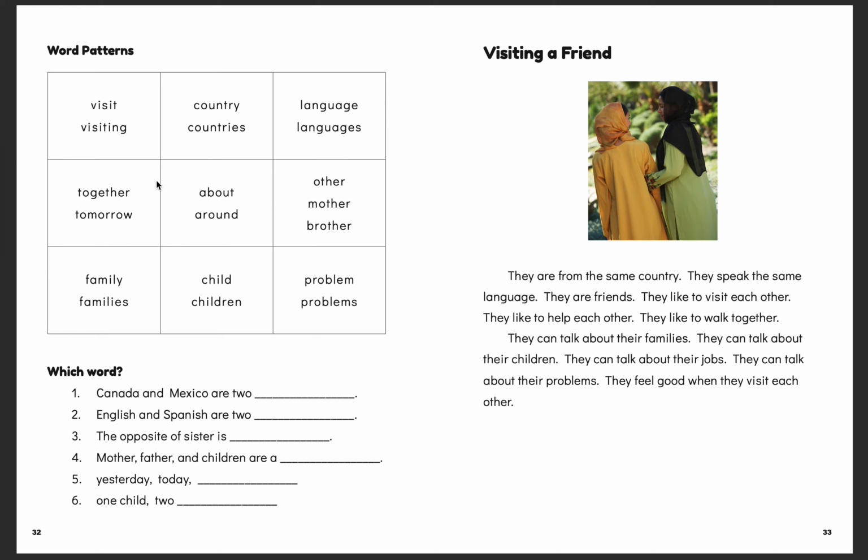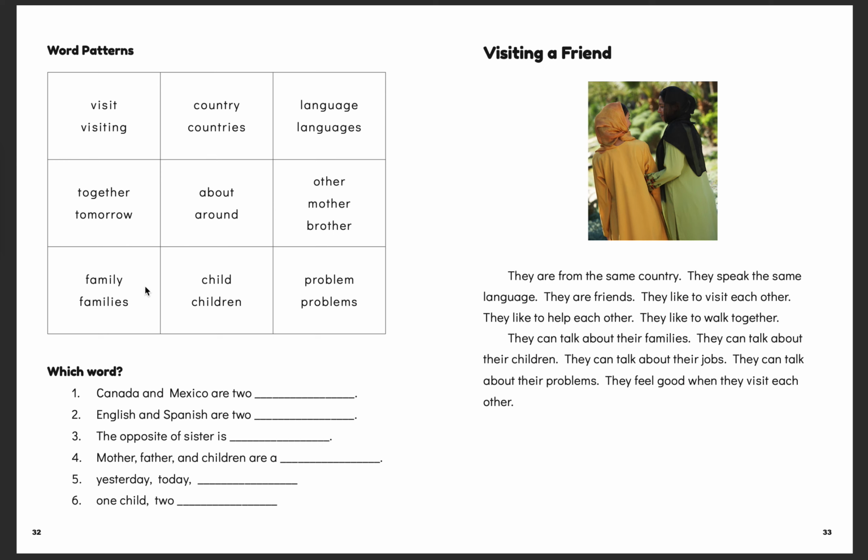So the nice thing about word patterns is finding commonalities that help with reading and decoding. So we have our root word visit, and then a suffix ing, so that would help visit, visiting. And we have our prefix to on both of these.